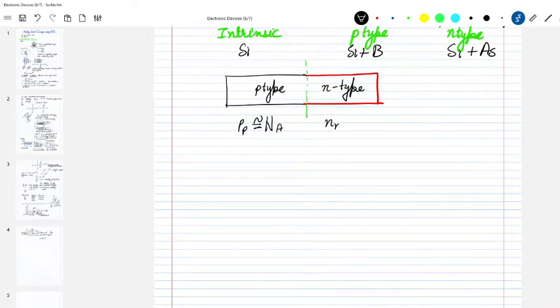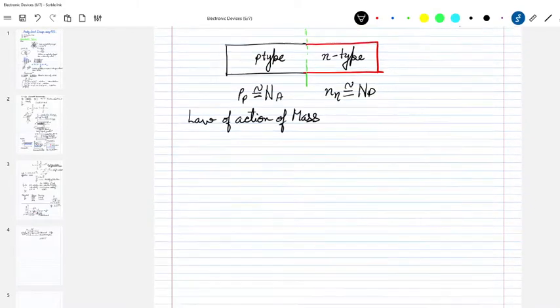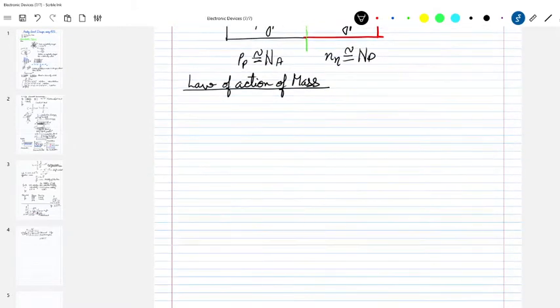And here n, so these are called majority carriers, is equal to Nd per meter cube, right? Now there is something called the law of mass action. These are some things which you should just believe me on. If you want, you can read about this if you want to prove it to yourself.